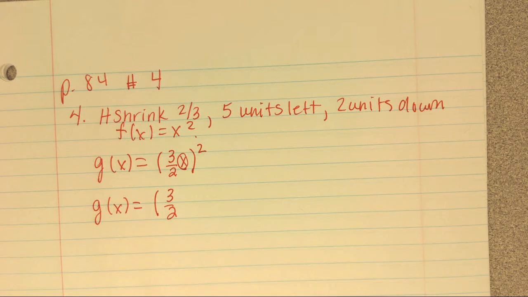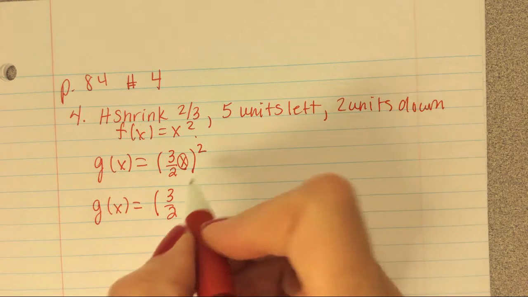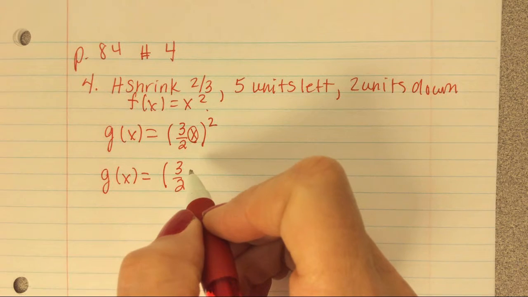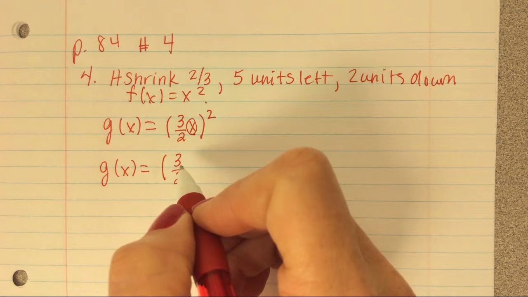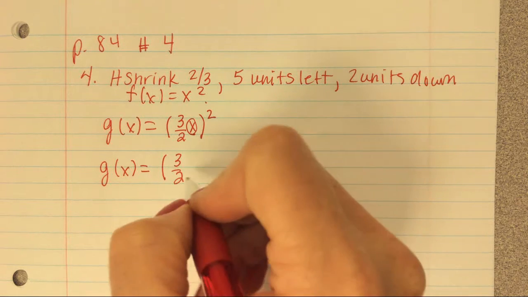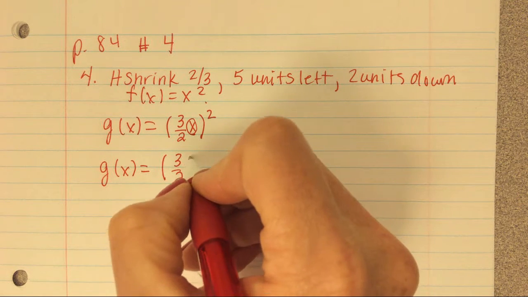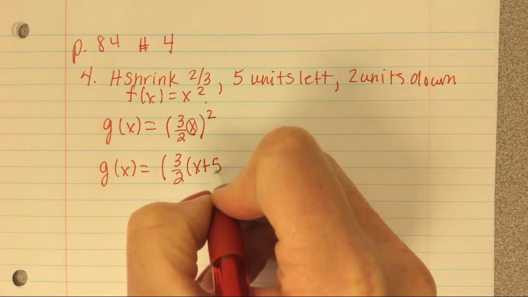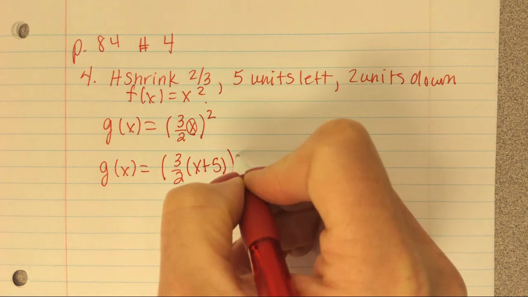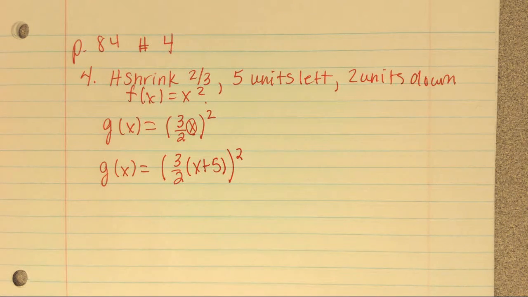So if we're dealing with the horizontal, it's going to be the opposite of what we would think. So Michaela, what are we going to do? Is it going to be x minus 5 or x plus 5, our replacement for the x? It's going to be x plus 5. So instead of using x, we're going to have to use x plus 5. So now we can see that that whole thing has to be inside the big parentheses and getting squared.